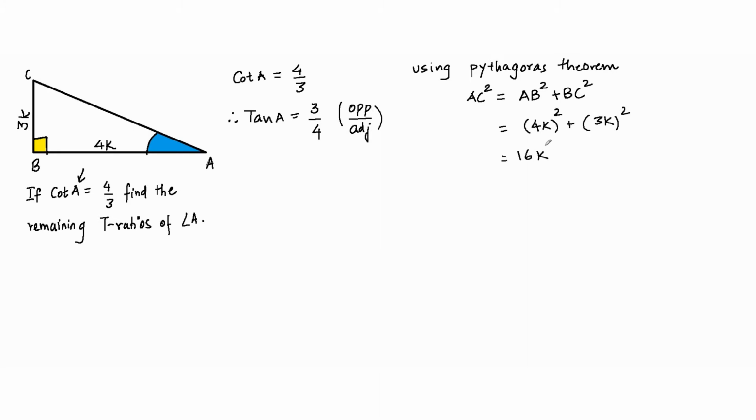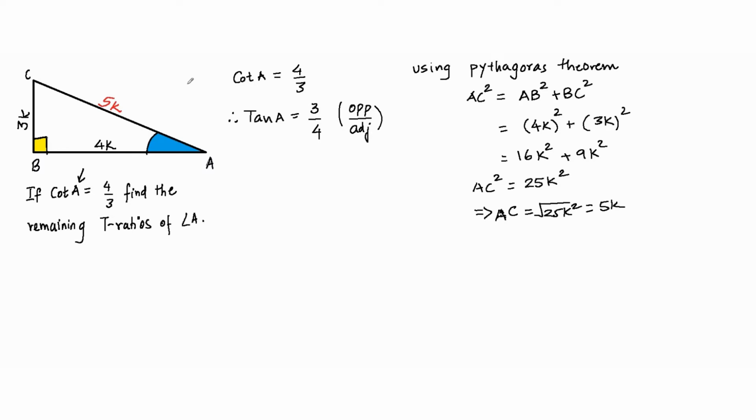That is 16K square plus 9K square, which is equal to 25K square. So AC square is 25K square, which means AC is the square root of 25K square, which is equal to 5K. Therefore, the length of AC is 5 times K.